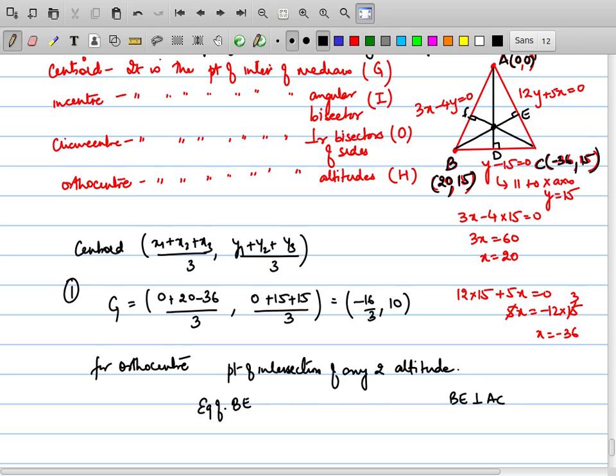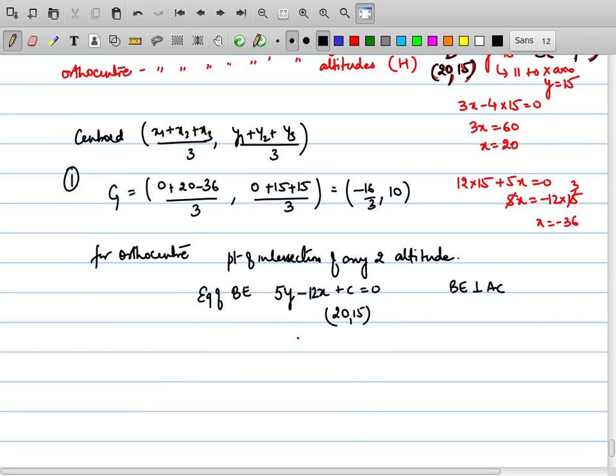Now how can we find the equation of BE? Write the terms and interchange the coefficients. Therefore this becomes 5, this becomes 12. Interchange the sign of the two and add a constant. Now this equation is passing through B. Therefore 20, 15 will satisfy this.